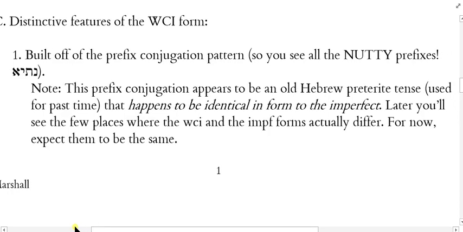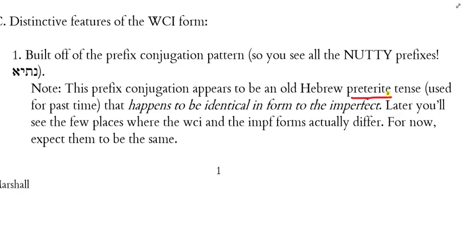Number one, the WCI forms are built off of the prefix conjugation pattern, so you will see all the same nutty prefixes, nun, tav, yod, aleph. Note here, this prefix conjugation appears to be an Old Hebrew preterite tense. Preterite just means past tense, and in some languages it happens to be identical in form to the imperfect.